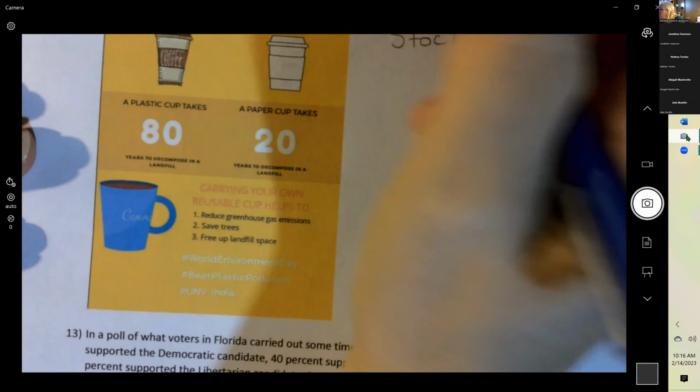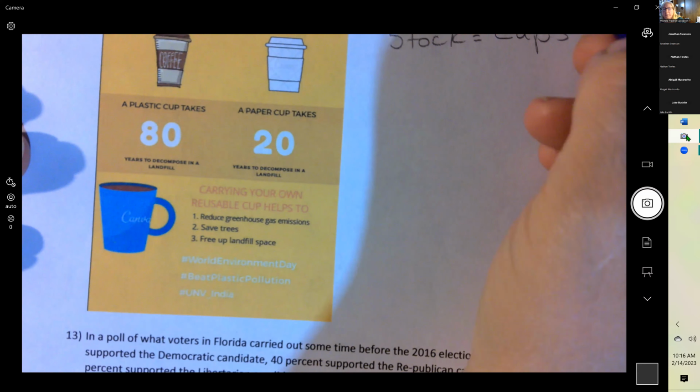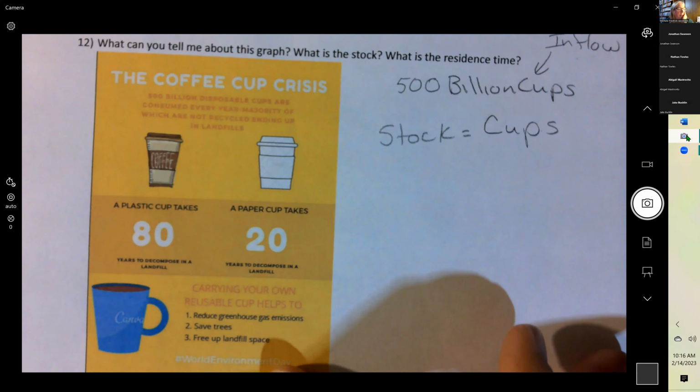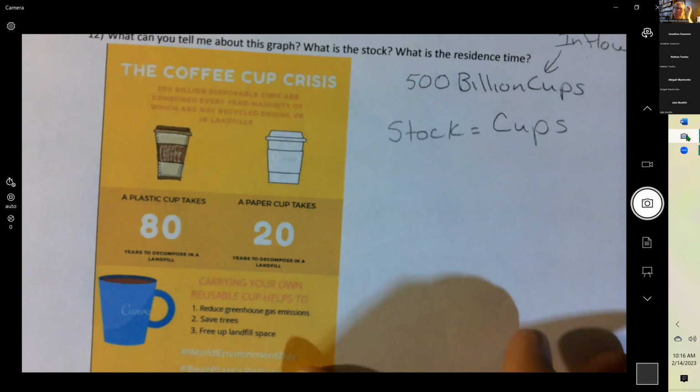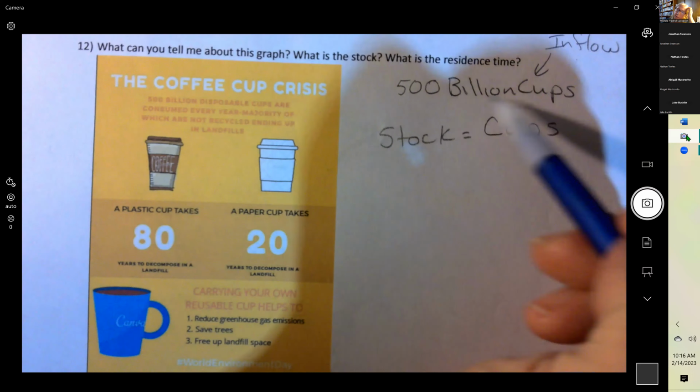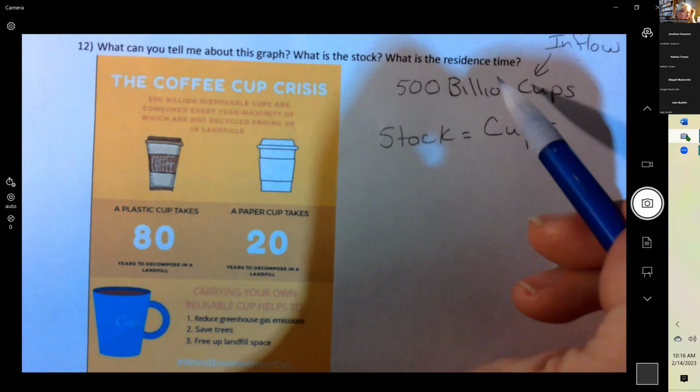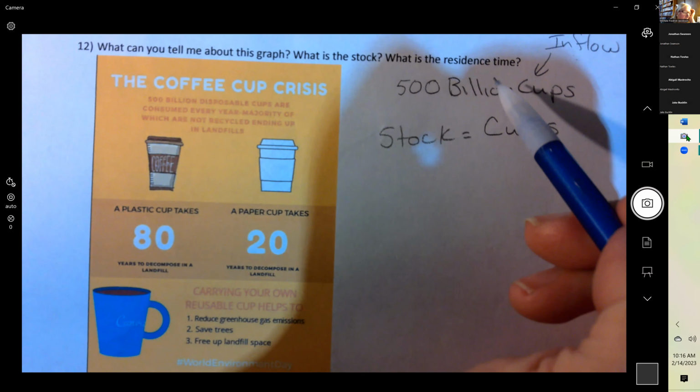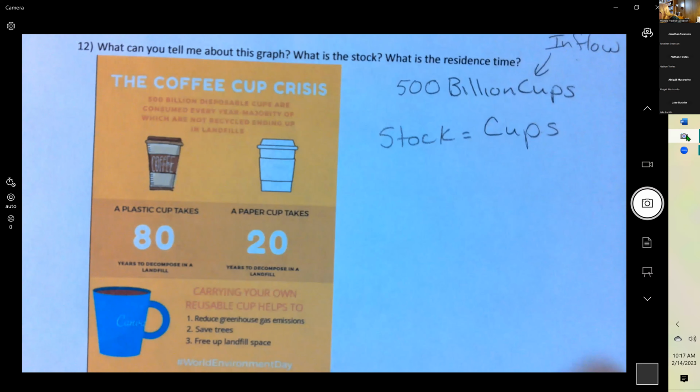Yeah, we don't have enough because we know how many are coming in, but we don't know how many are there. For residence time, you need the level of stock and the flow rate. We have the flow rate, 500 billion, but we don't have the level of the stock.